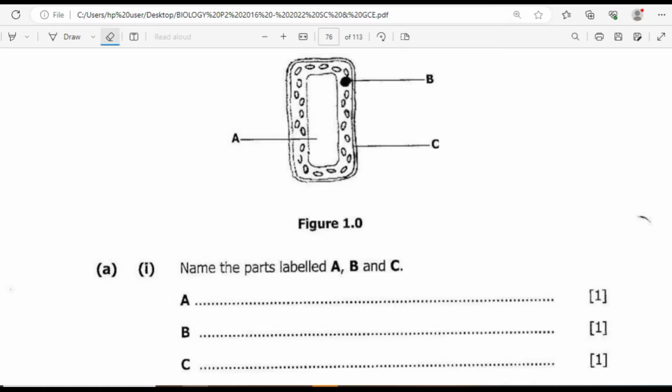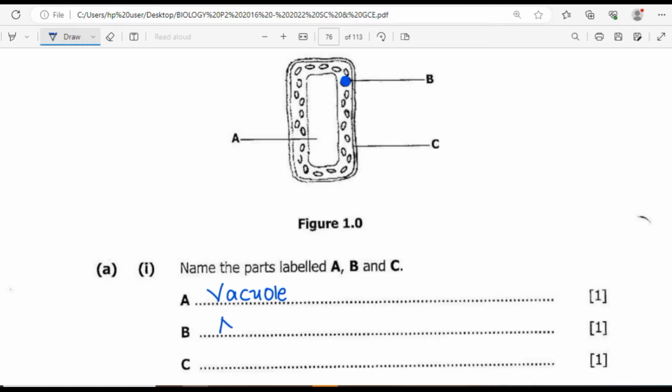Then the first question that we are expected to answer here is, we have named the parts A, B, and C. So A, we can see that this is the vacuole. And the function of the vacuole is to store salt solution. Then the other question is B. So B is pointing at this shaded part here.